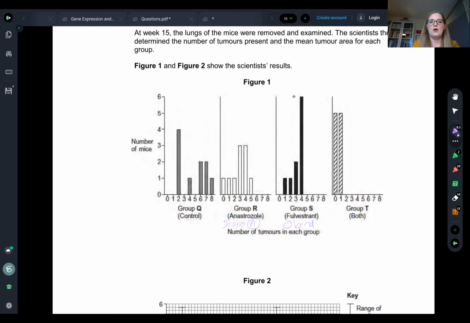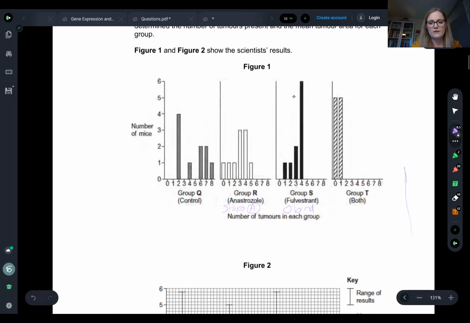But then group S, we again don't have the super large ones in 6, 7, 8 or 5, but actually we have a lot of them in 6, which is stopping that estrogen binding. But if we look at group T, we've got 5 with 0 and 5 with 1.